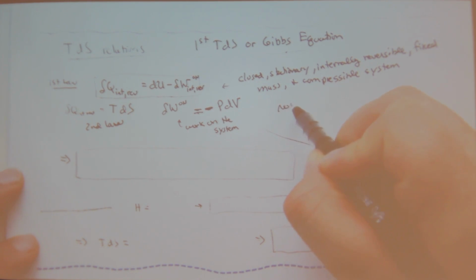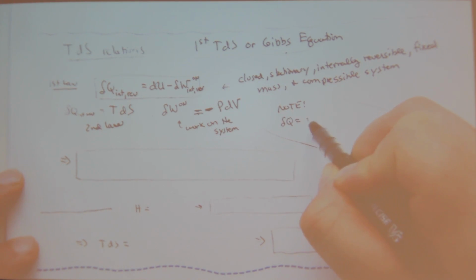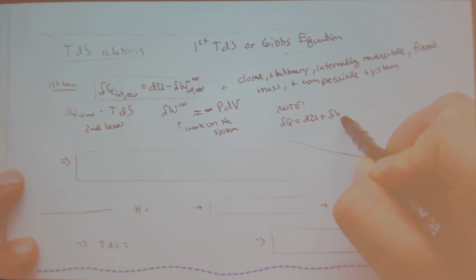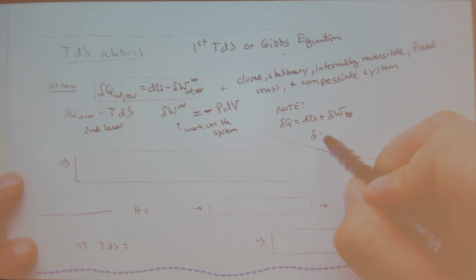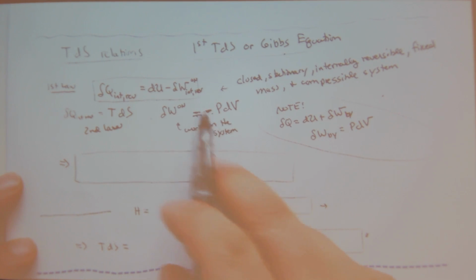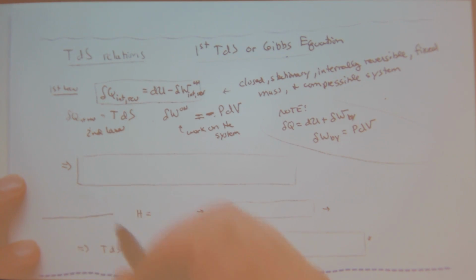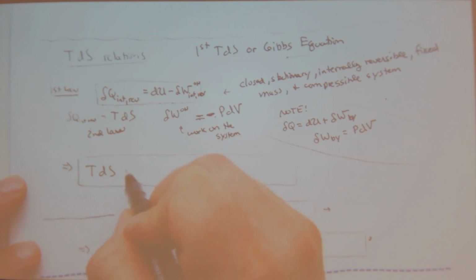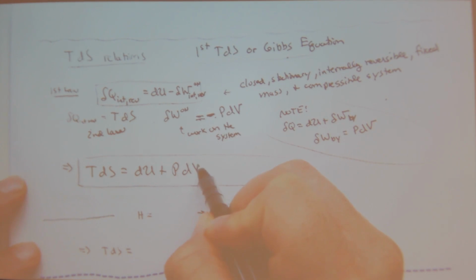So I combine the second law with the first law, and I have T dS equal to dU plus P dV.